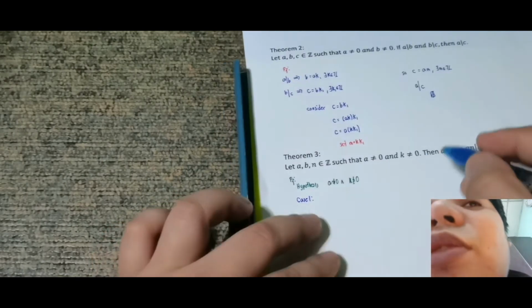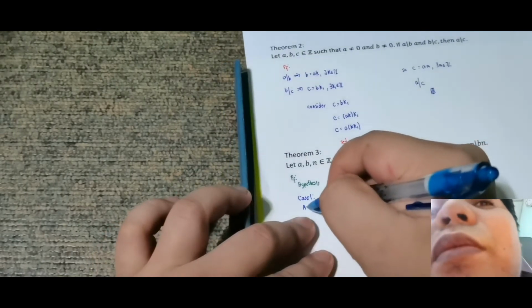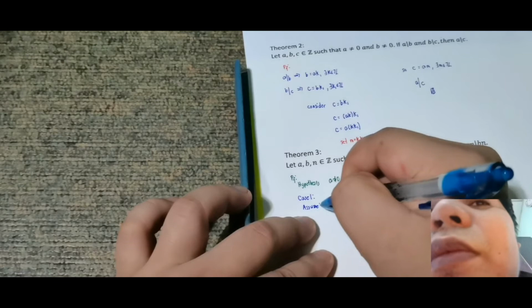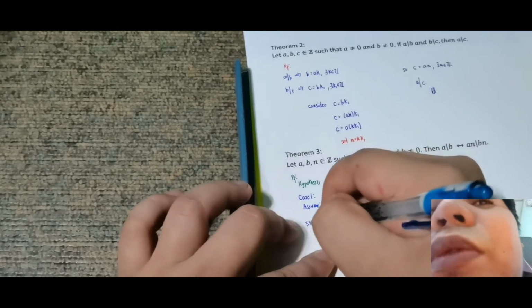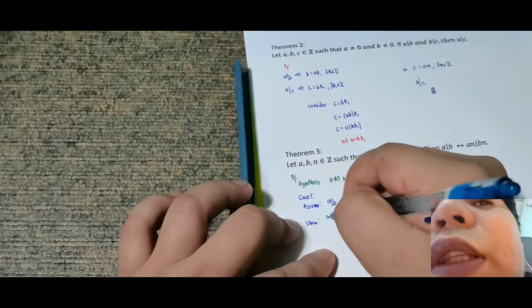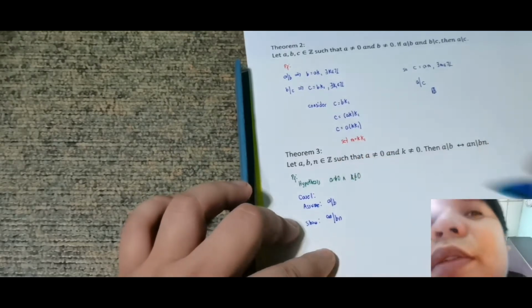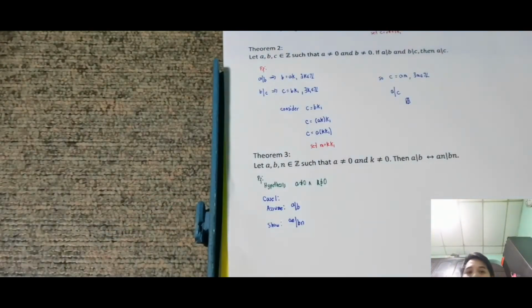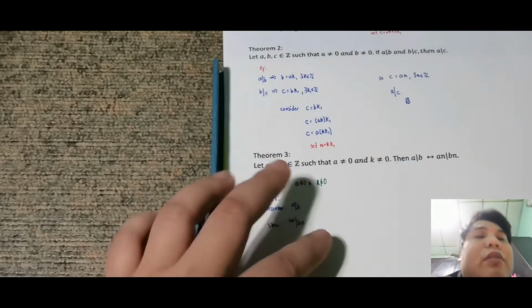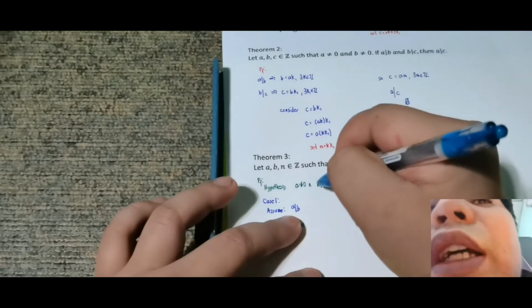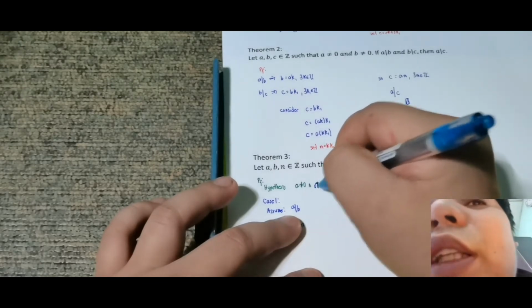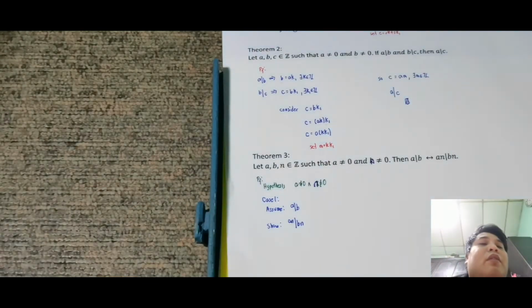For case 1, assume natin A divides B, show that AN divides BN. Okay, so I think iba to, no? I think N to. Kasi sige, wala naman tayo pakialam yan eh. Pakibago, I think N yan. Okay, so ito yung goal.